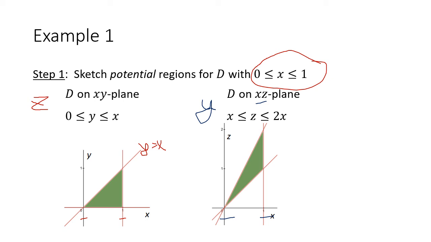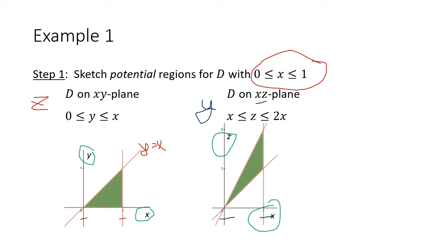So the lines z equals x and z equals 2x, and that's my shaded region there as well. When you draw these, you should absolutely take the time to write out the variables on each axis. My axes are either the xy plane or the xz plane. Take that extra second to make sure you write that in.